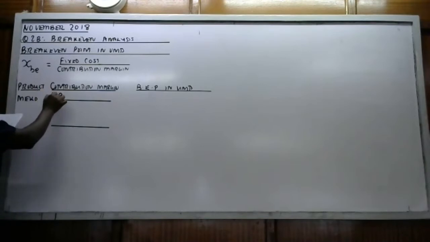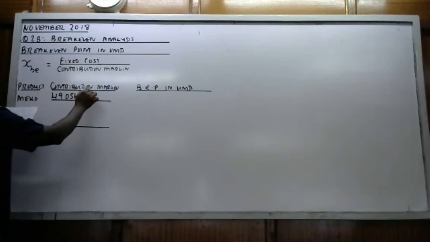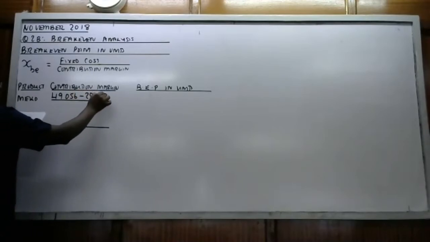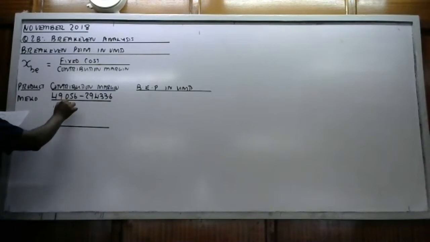So because we are just given the total, tunachukua hii 49,056, you minus the variable cost of 29,433.6. And because they are in thousands, you will divide by 43.8.